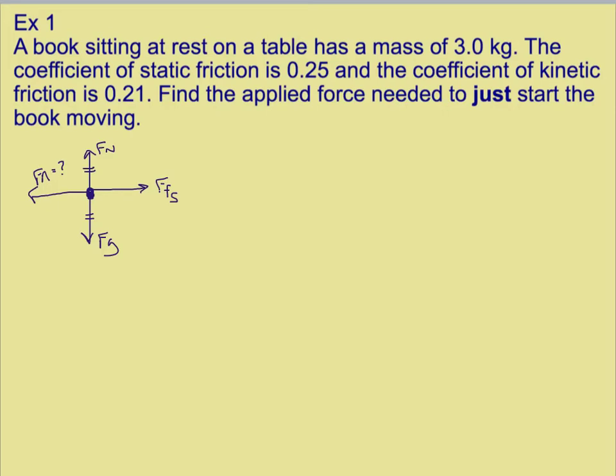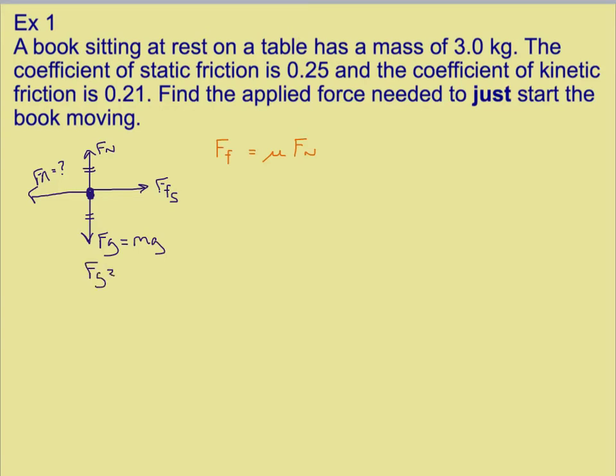To do that, as is always our pattern, just remember, friction is mu times the normal force. So as is often the case, Fg and Fn cancel. I don't really need to consider them, but unfortunately I need to go through and solve for Fg in order that I can know Fn, in order that I can sub it in to my mu Fn equation. So let's go back here and solve for Fg.